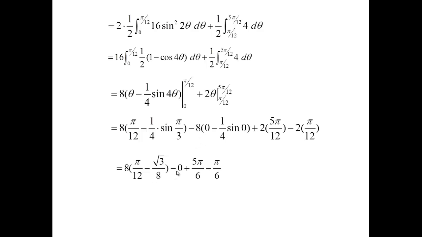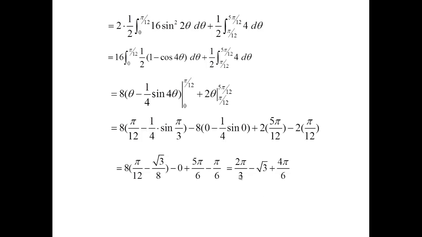So 8 times 0 is 0. 2 times 5 pi over 12 is 5 pi over 6, and 2 times pi over 12 is pi over 6. So doing a little distribution here and combining those terms, since we already have a common denominator, gives us 2 pi over 3. 8 times pi over 12 is 2 pi over 3, minus square root 3, plus 4 pi over 6.